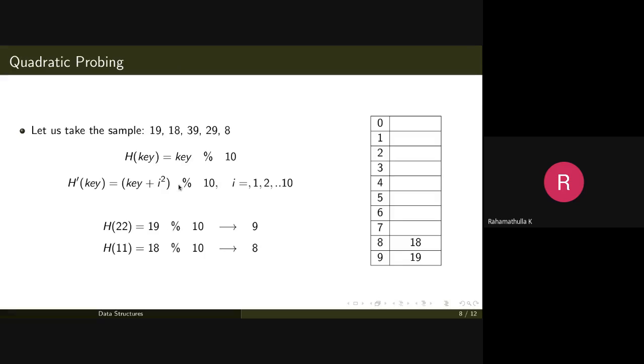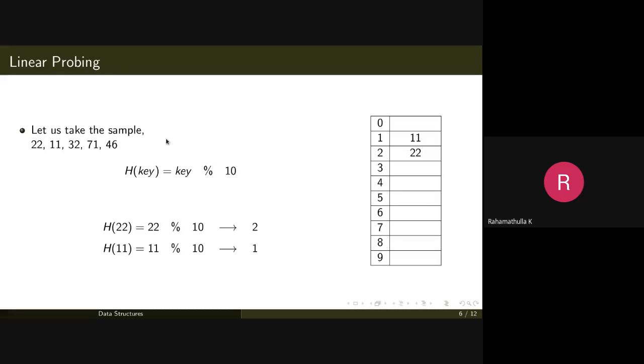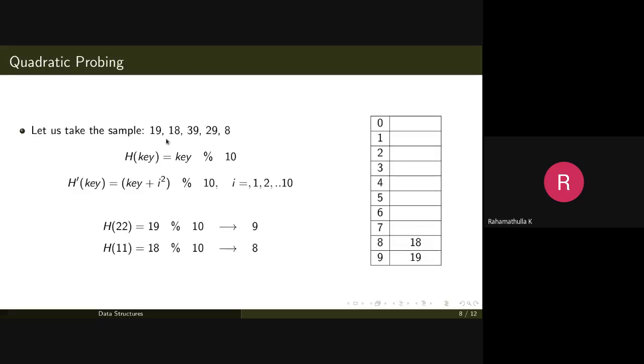That is what is meant by quadratic probing. This quadratic function will be used. 19 mod 10: 19 will be stored in the 9th location. 18 mod 10: 18 will be stored in the 8th location.